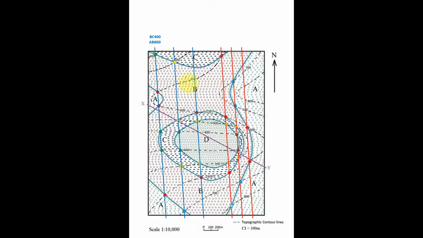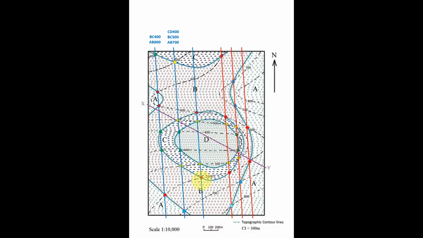Moving to the next strike line, you can see we have yellow, this green and this blue. So there are three names for this strike line. If we move alphabetically, we have AB 700, BC 500 and CD 400. Moving to the next strike line, we have again two names for this because there is red and yellow in this only.